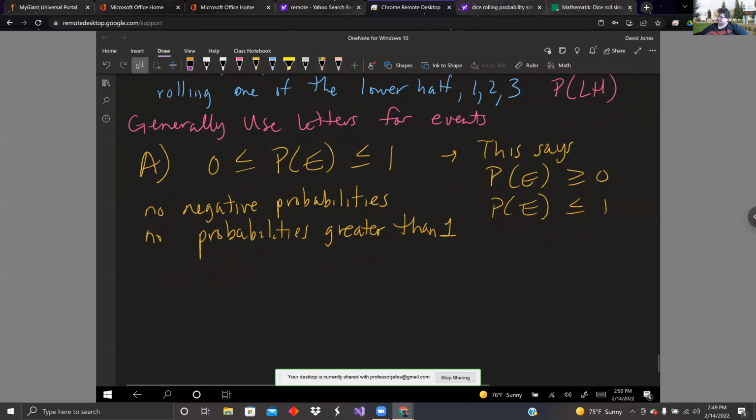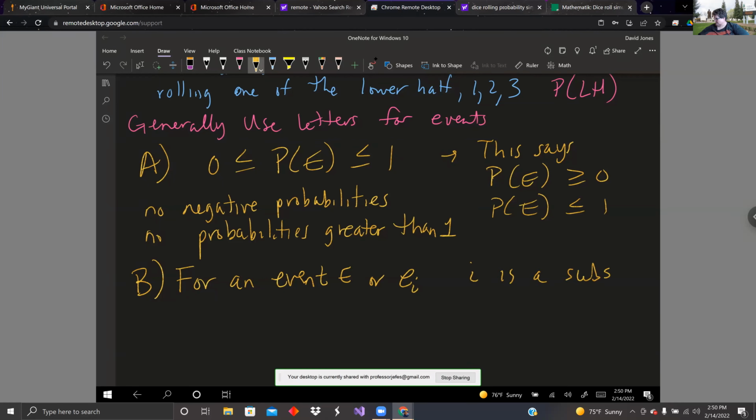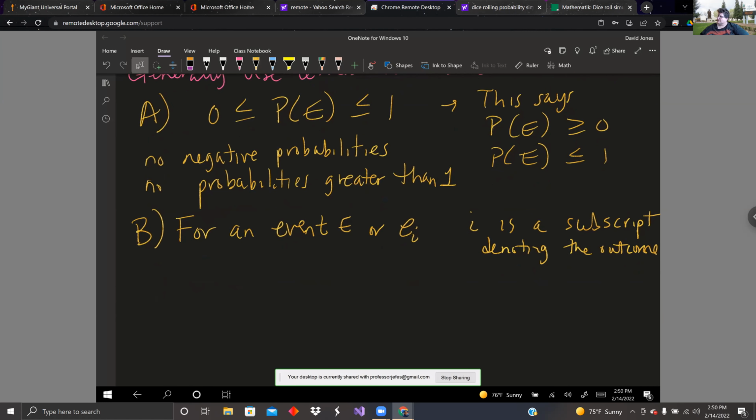And there's one other rule. For an event E or Ei, they sometimes list it like this, Ei, where i is a subscript denoting the outcome. So maybe I could say E1, 2, 3, 4, 5, or 6. The sum of the probabilities has to equal 1.